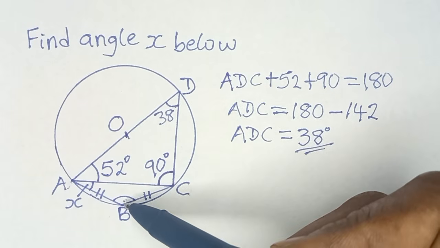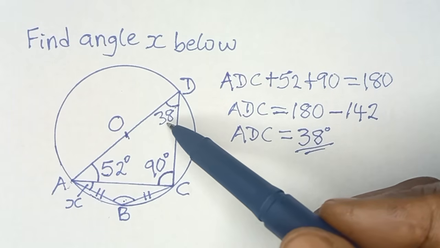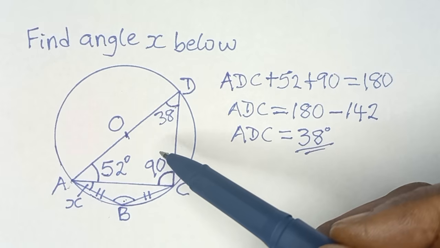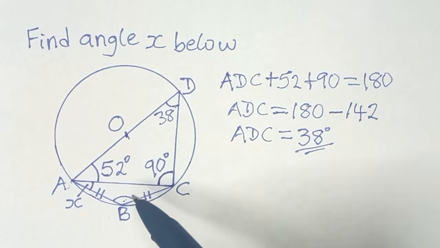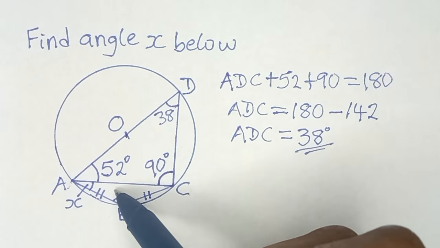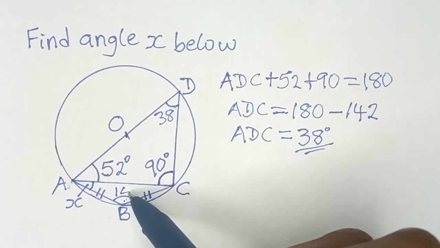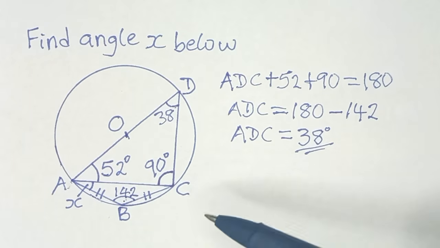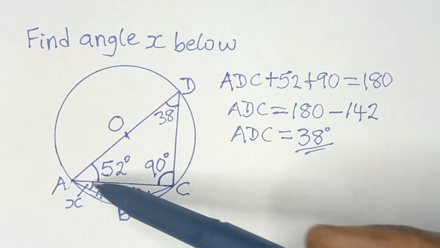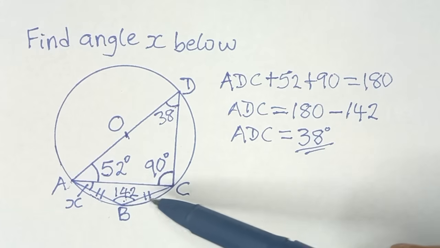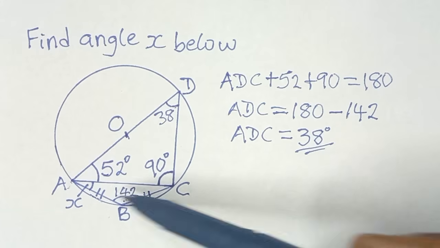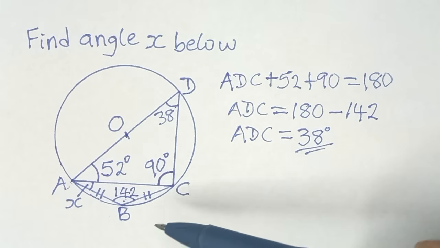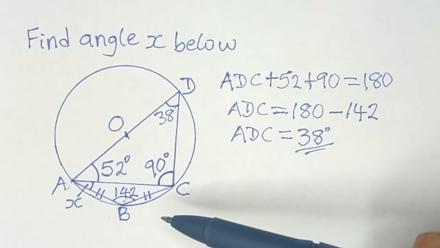So to get the value of this angle here, we are going to say 180 minus 38, and that will give us 142 degrees. Now you will observe that this is a triangle where two sides are equal. When two sides of a triangle are equal, we call that triangle an isosceles triangle.